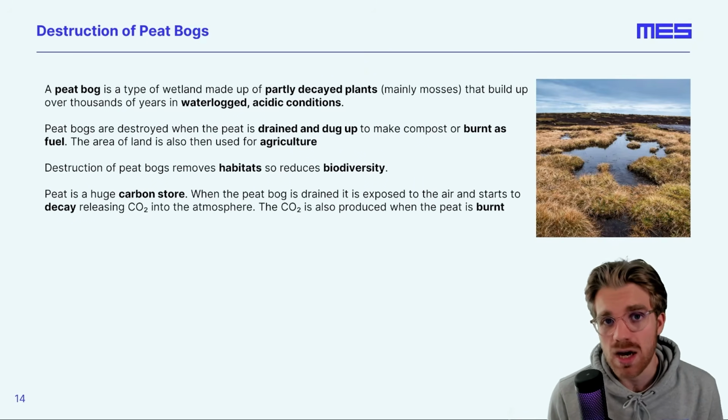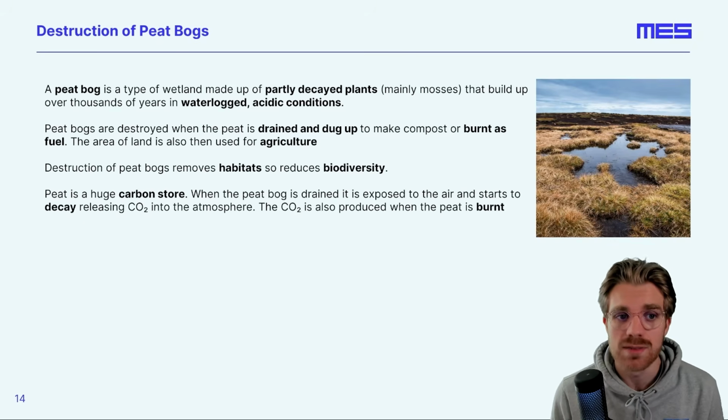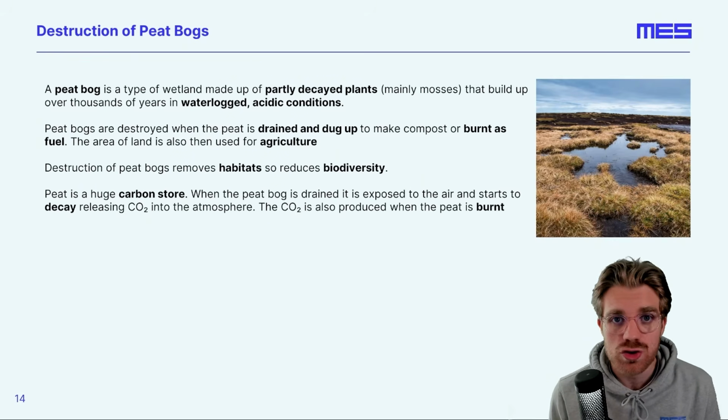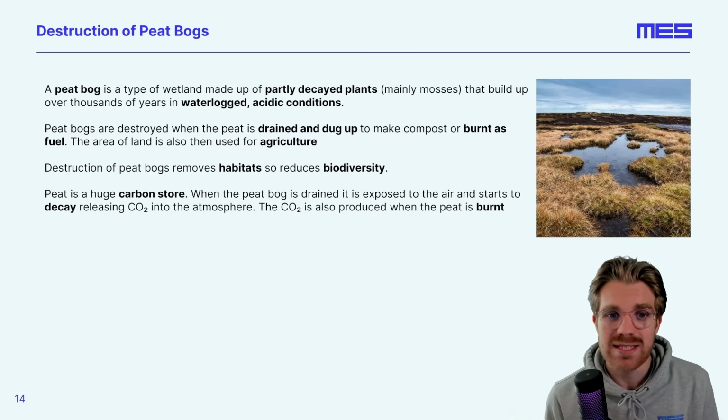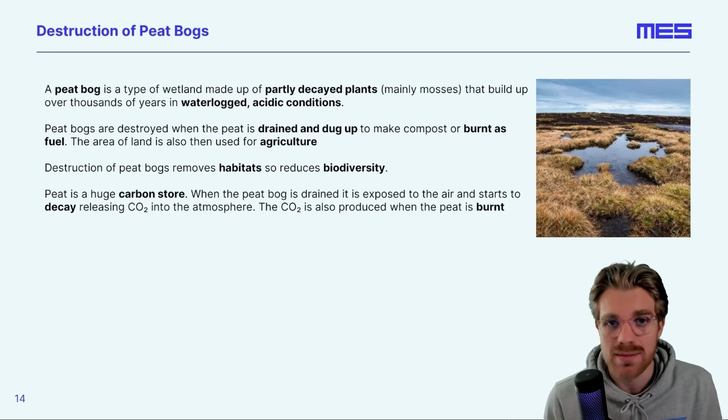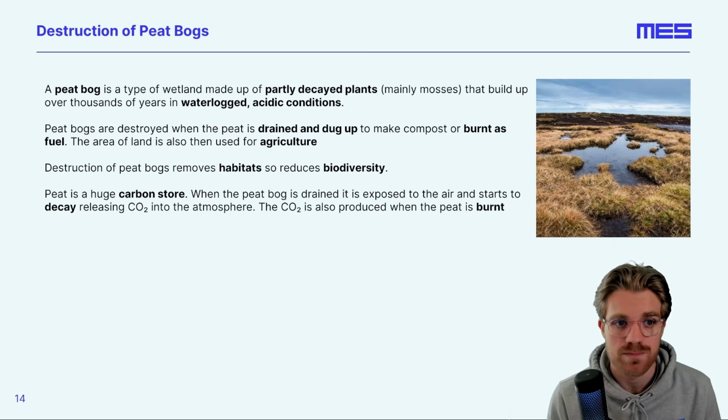But the peat bogs are destroyed when the peat is drained and dug up to make compost or burnt as fuel. The compost provides useful nutrients to growing plants that the decaying material contains. But this then removes that decaying material from the ecosystem.